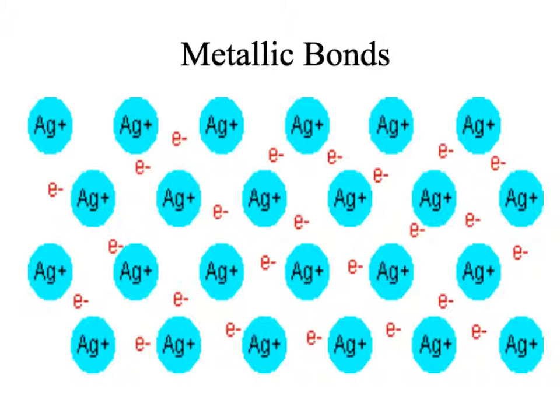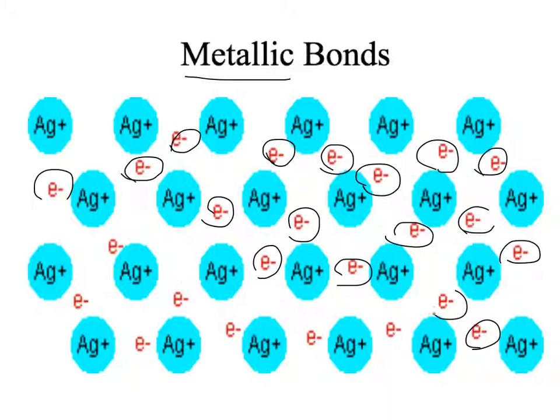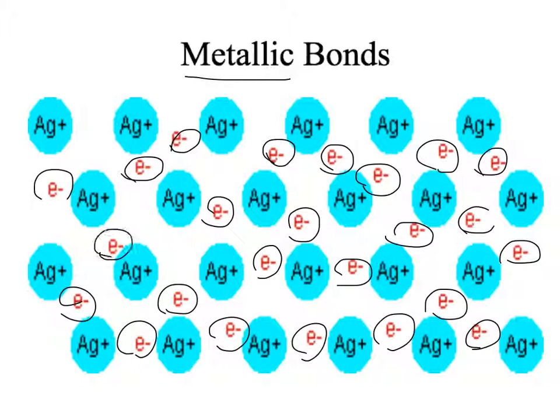Metallic bonding is, again, just like the name implies, between metals. It's the bond between metals, and it's very unique in that the electrons are not attached to one particular atom. Rather, they are spread out equally throughout the whole piece of metal. And this is what accounts for metal's properties. It makes it shiny. It makes it easy to conduct electricity because these electrons are just kind of sitting on top.